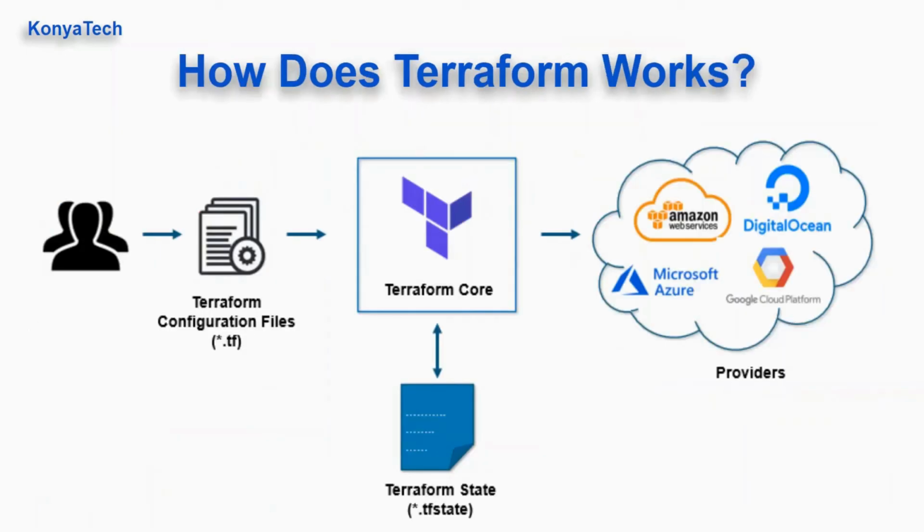So let's move on. How does Terraform work? Terraform has two main components that make up its architecture. The first one is the Terraform core and the second one is the providers.